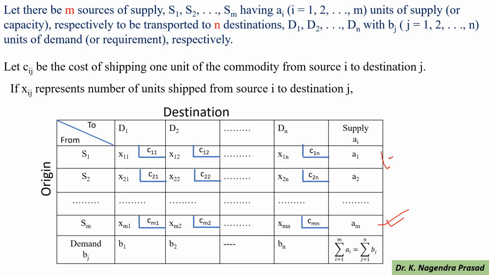Total supply is the summation of A1 plus A2 plus up to Am, and total demand is the summation of B1 plus B2 plus up to Bn. Xij is the quantity transported from the ith origin to the jth destination, and Cij is the cost of transportation from the ith origin to the jth destination.